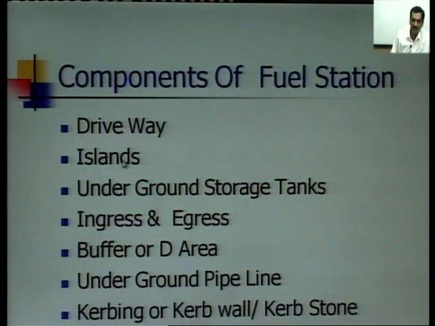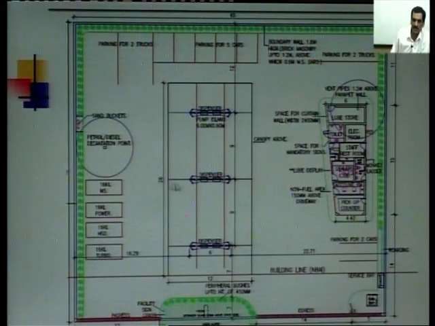Then we have islands. Islands are these parts where our machines are situated. Generally, we are having two islands, three islands, four islands, depending upon the place and the location.